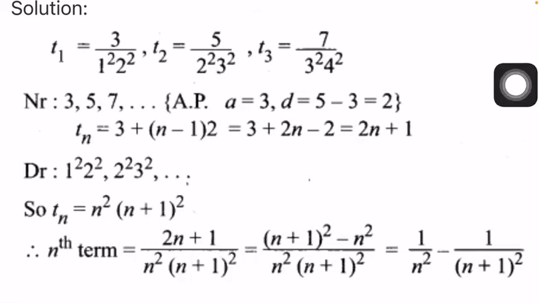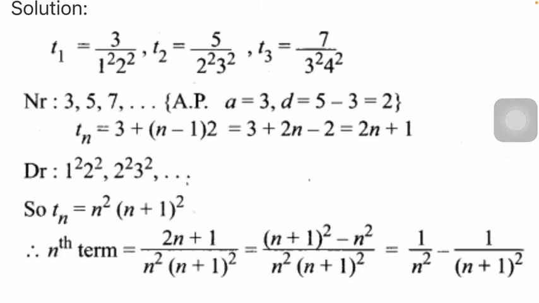Now we have to write the general term as the difference of two terms. So in the numerator I write 2n plus 1 as n plus 1 the whole square minus n square. What does n plus 1 the whole square give? n square plus 2n plus 1.